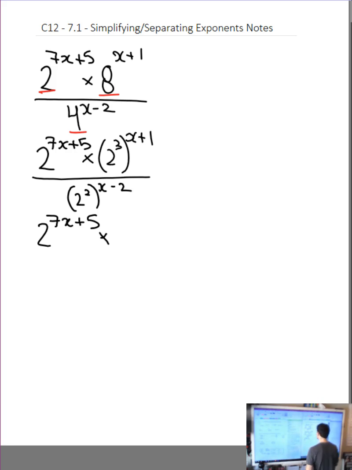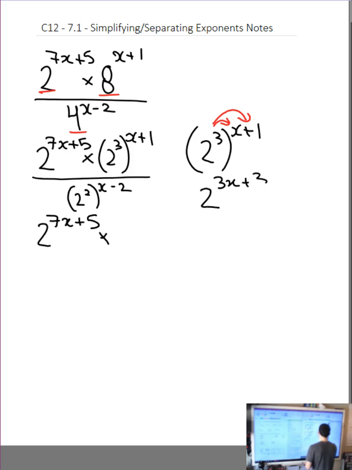Now, this is a little bit more complicated. I'm going to take the thing that looks funny off to the right. So I have 2 cubed to the x plus 1. And I know that I'm going to multiply the exponents. And I'm doing this away from it to be very simple. So I have 2 to the 3 times x is 3x, and 3 times 1 is 3.